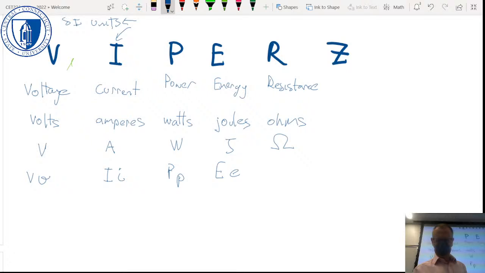Now Z is a funny one. Z is actually impedance. Its units are also ohms. The symbol is also capital omega, and I use a Z for that. The difference is that for resistance, the value is real valued, and for impedance, the value is complex valued.